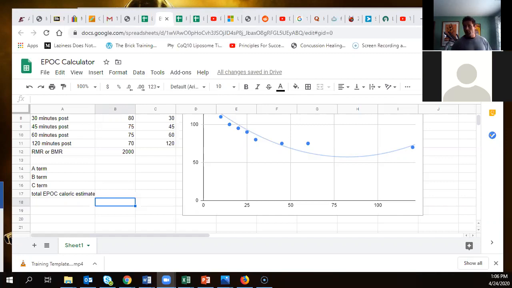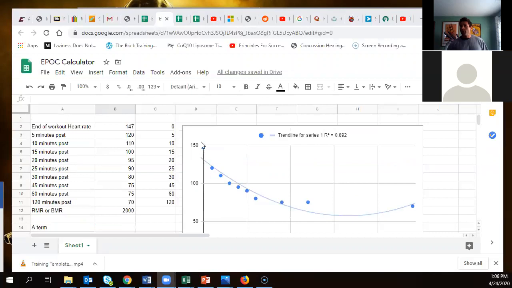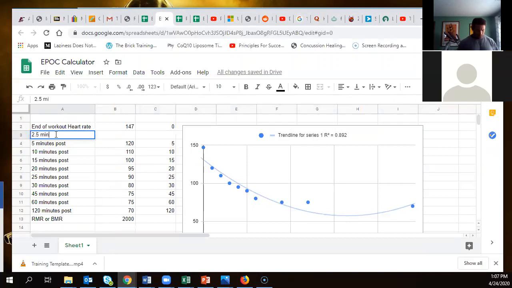Right now, what I'm working on here is putting together an excess post-exercise oxygen consumption graph. By putting together a graph that creates what's known as a second order polynomial relationship, we're showing how it's leveling out as we go through time, which means I probably need to add one here at 2.5 minutes post, putting that at about 138.